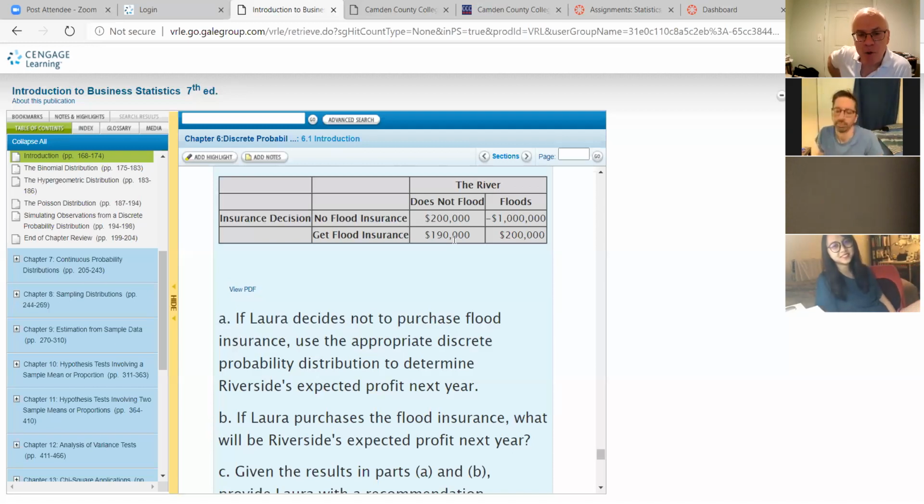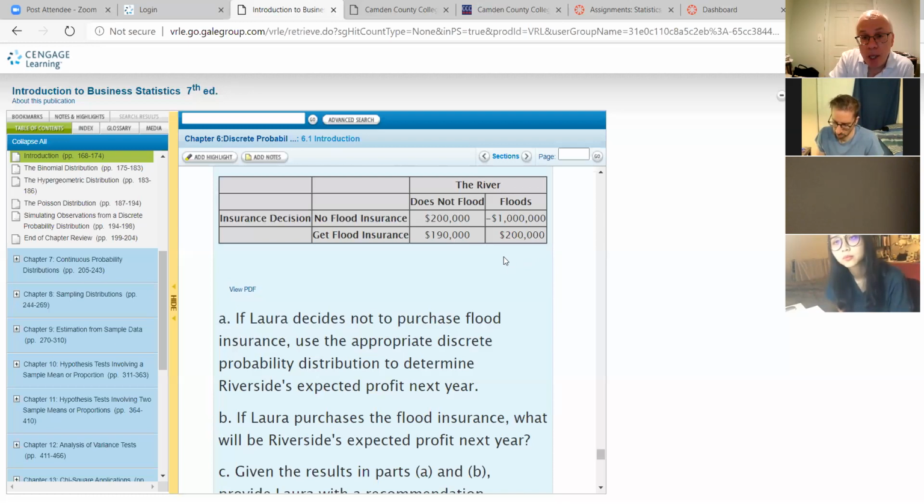So then she asks the following question: what's her expected profit if she purchases the flood insurance? She says, all right, you got my attention. What's my expected profit if I buy the flood insurance? Well, it's the same probabilities.